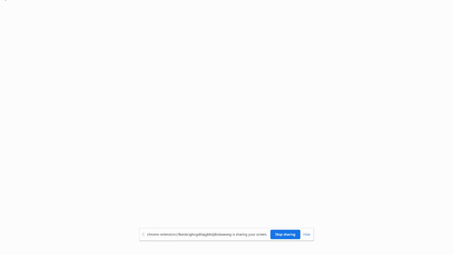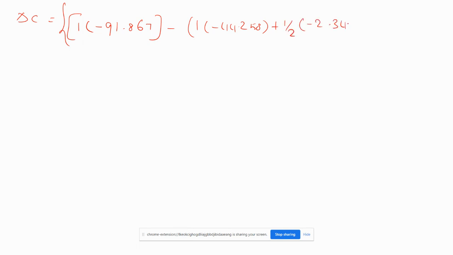Same way you have to find del C. Del C also products minus reactants. So 91.861 minus 1 into 44.258 plus 1 by 2 into minus 2.343 into 10 power minus 6 finally. So the answer is minus 46.438 into 10 power minus 6.